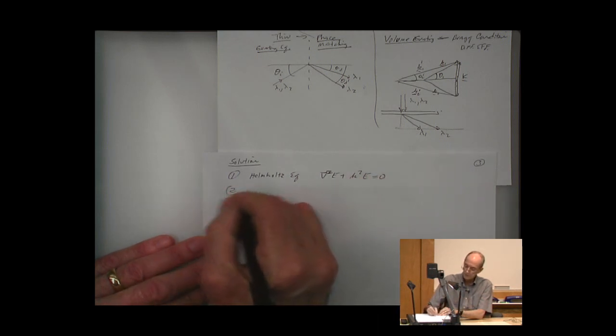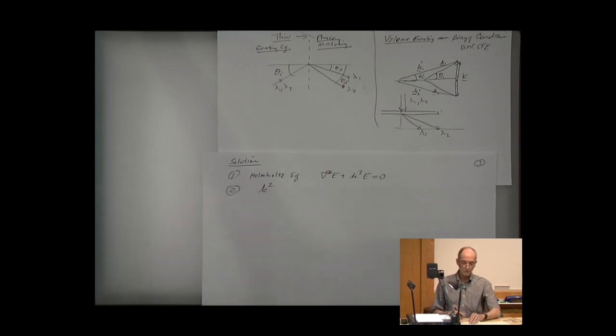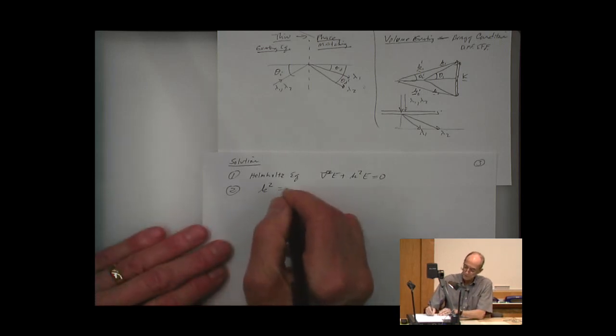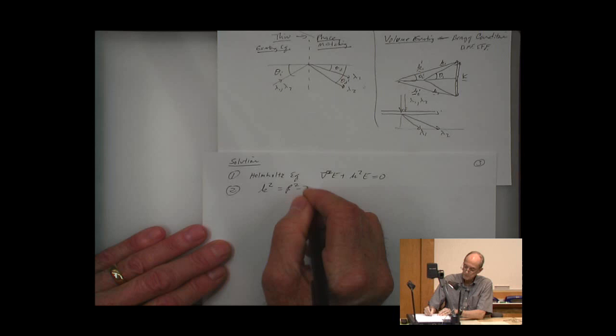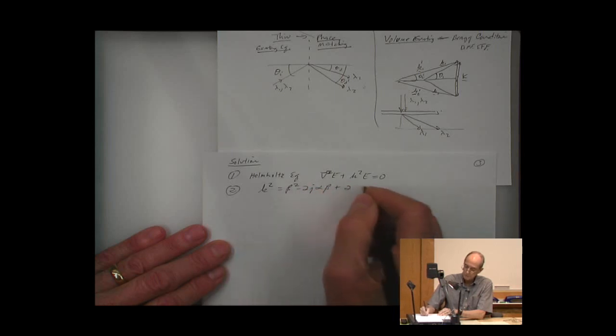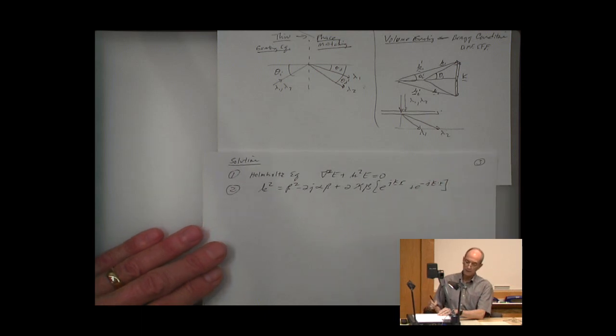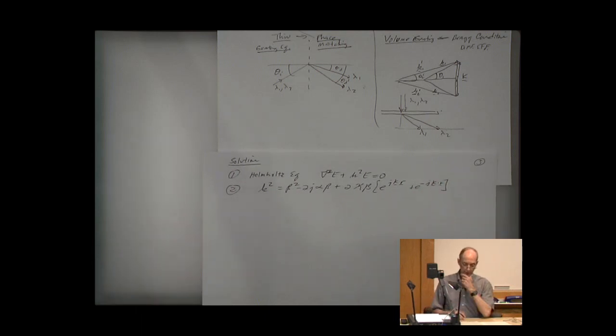The other thing we have at our disposal is k squared, which is equal to beta squared minus 2j alpha beta plus 2 kappa beta times e to the j k dot r plus e to the minus j k dot r. Okay, so that's another thing that we have.